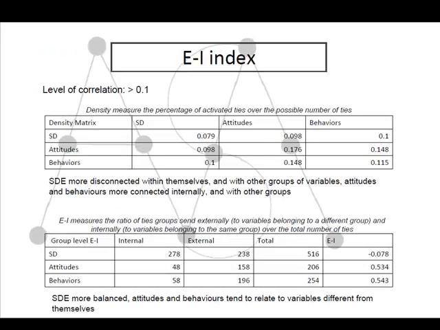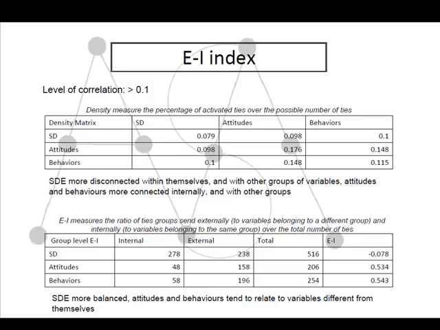So finally, the EI index. If I take the lower level of correlation, then what I want to see is, okay, I have socio-demographic and socioeconomic, I have attitudes, and I have behaviors. What's the density? How many ties are there within these different groups? And you can see that, which is something that we were expecting, socio-demographic and economics don't really relate to each other. They're very loosely connected to each other.